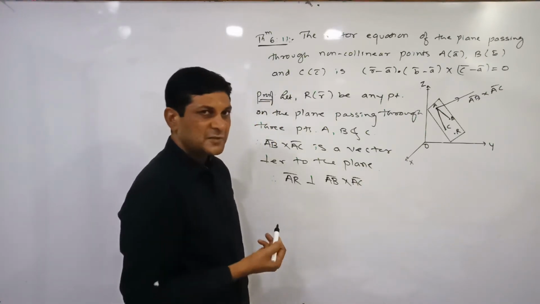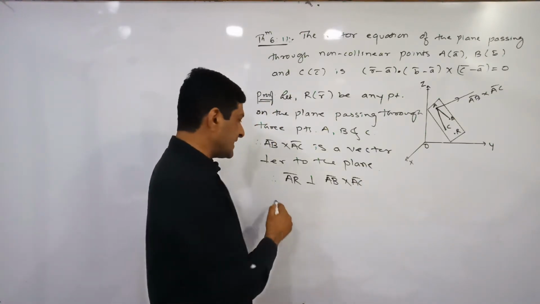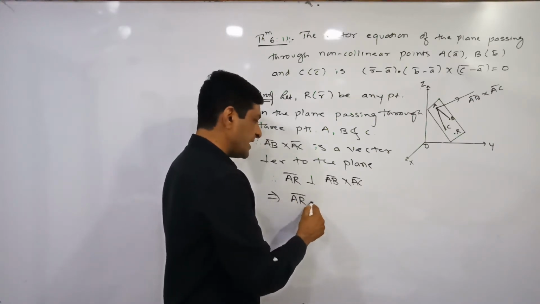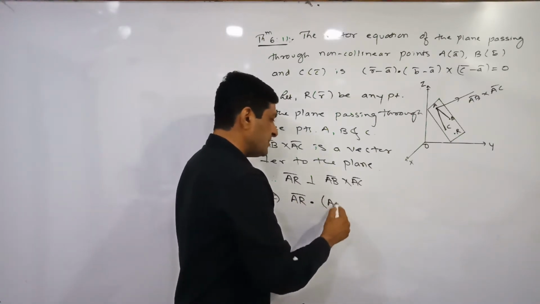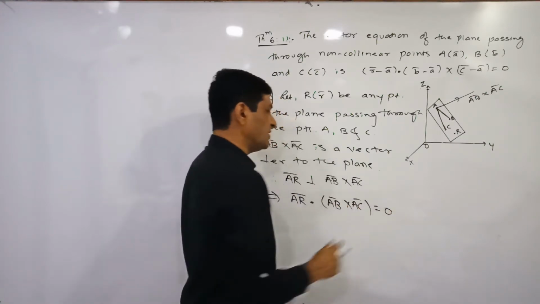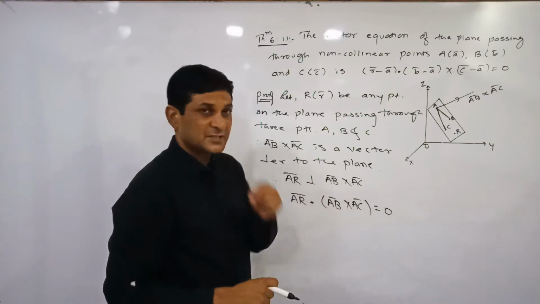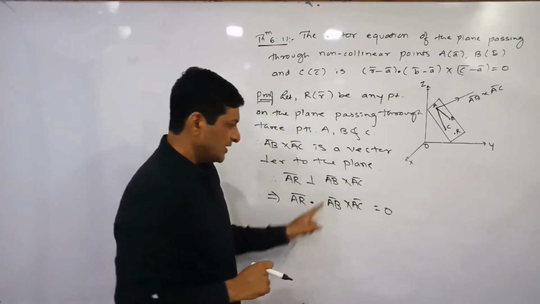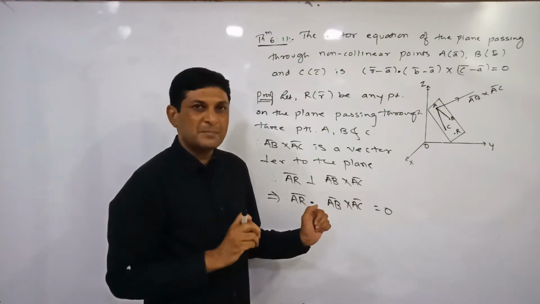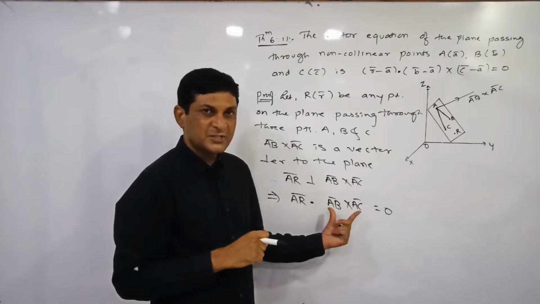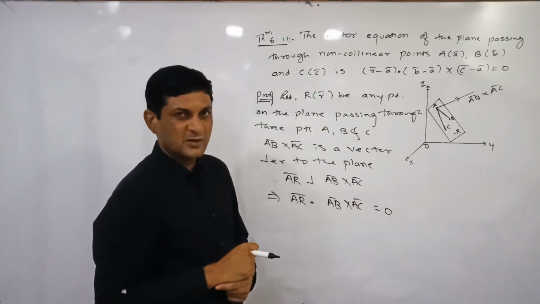And we know that if two vectors are perpendicular, then their dot product will be equal to 0. So AR bar dot AB bar cross AC bar will be equal to 0. If we do not give a bracket here, it is understood that first we perform the cross product, and later on we find the dot product.